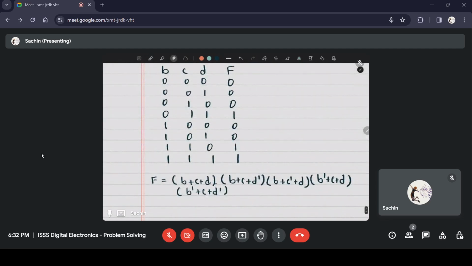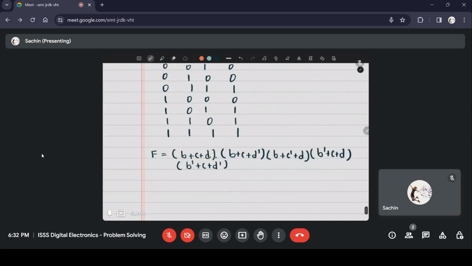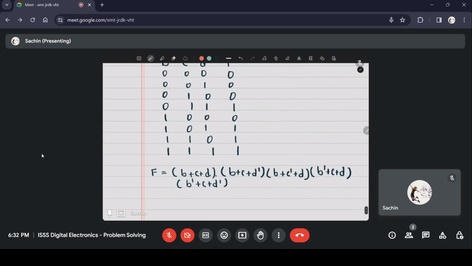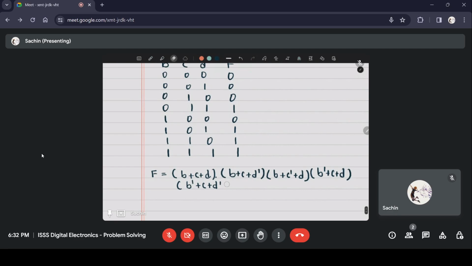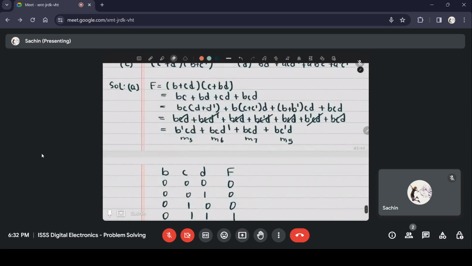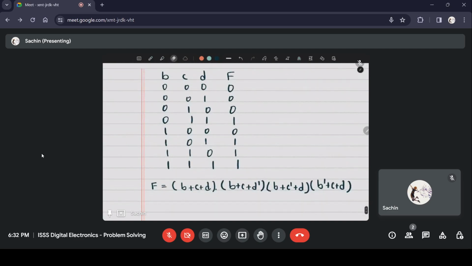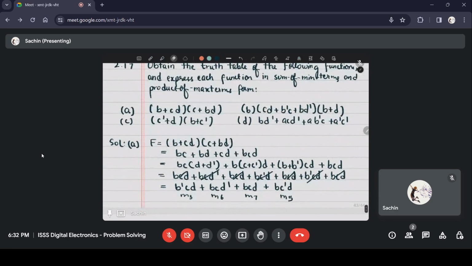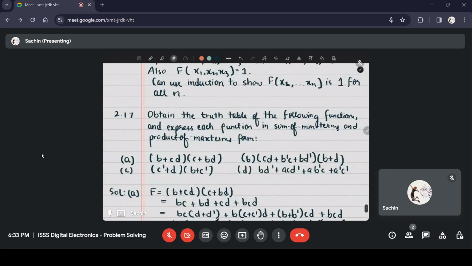That means there's a 1 in this position, and so that term will not occur in the product of sums expression. So the sum of minterms form has four terms, and the product of maxterms form has the remaining 4 terms. Okay, that's the procedure. There are 3 more parts. We'll just go through them quickly. I won't explain much in each of those.